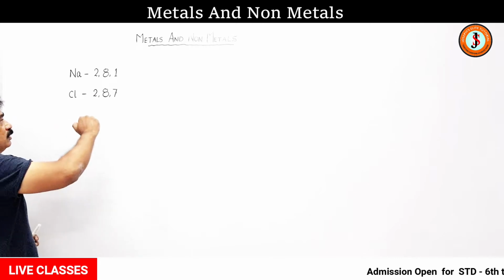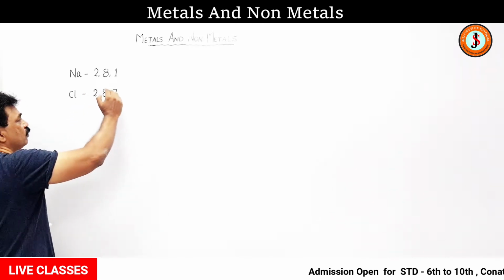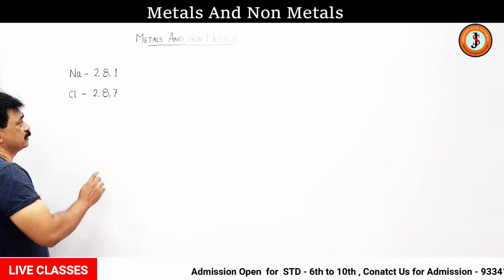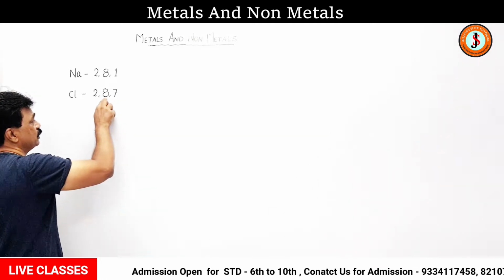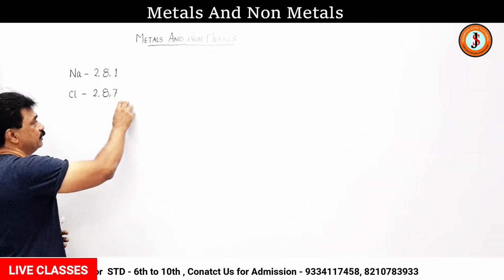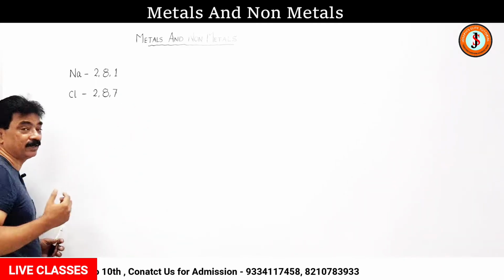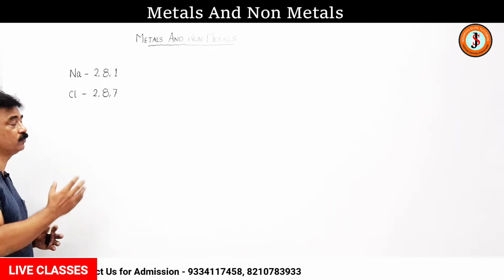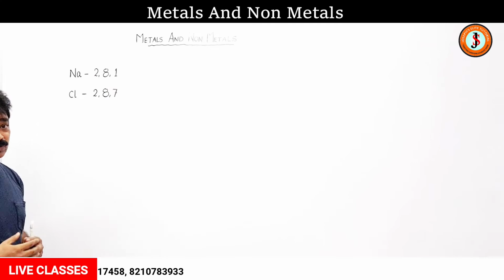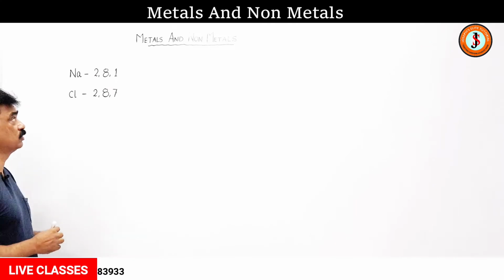Whereas chlorine will have to gain one electron. You may ask, it can lose 7 electrons, then this becomes 8, but common sense will tell you losing 7 electrons will be difficult. So chlorine will have a tendency to gain an electron to get its octet completed. That means its outermost orbit will contain 8 electrons.